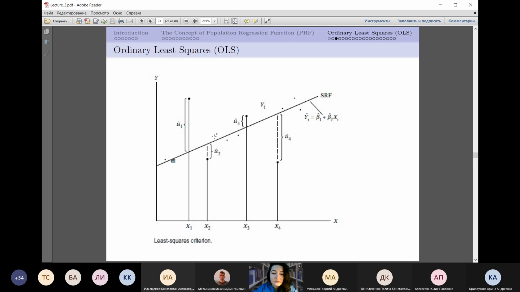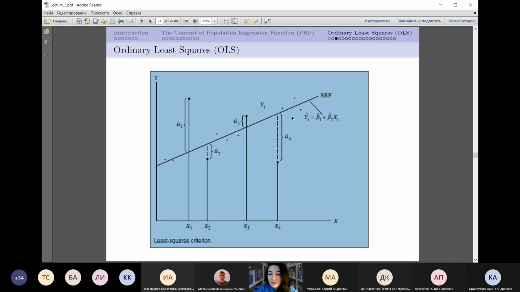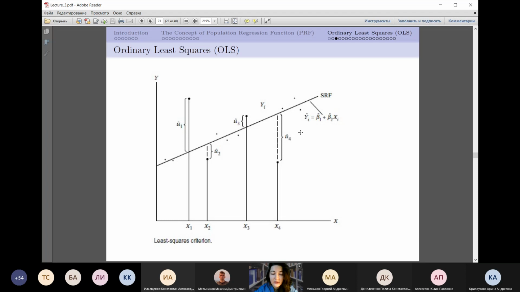In other words, we want to draw this line in such a way that the sum of the residuals, this is our residual, this one and this one, will be as small as possible. This is the idea behind the ordinary least squares method.